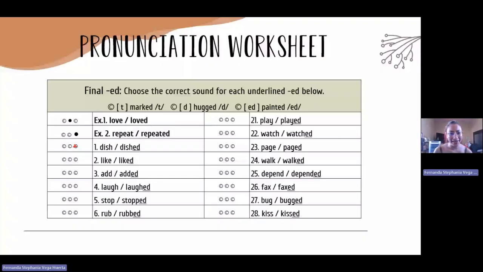Do I hear a t sound, or do I hear an ed sound? So students are going to choose which one they hear in order to place it right here. They're going to pass around to a different classmate in each round for them to fill out the whole worksheet.